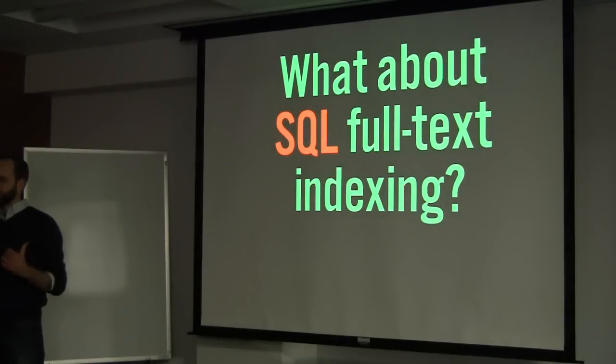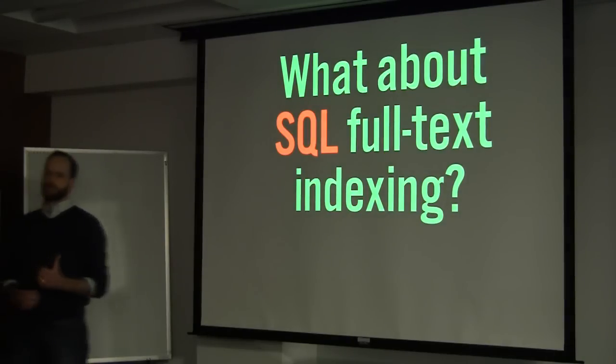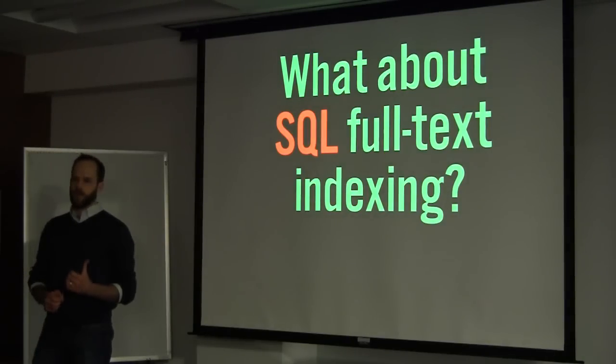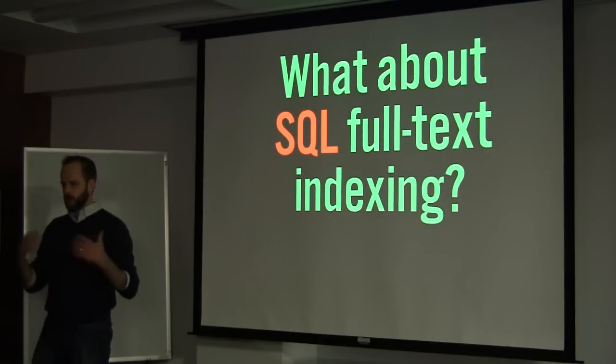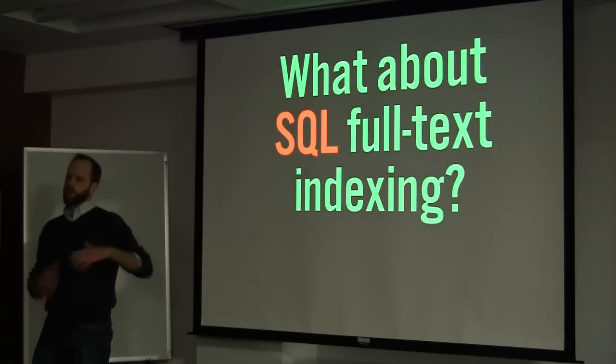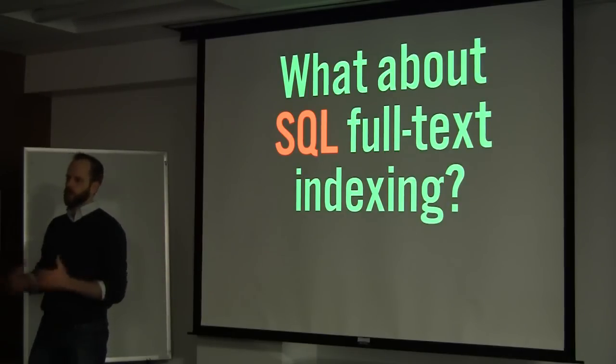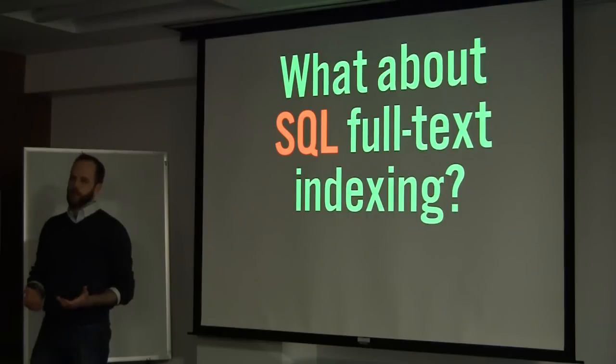I mentioned SQL. You can actually do some full text searching with a relational database system. MySQL has some full text searching out of the box, and Postgres offers some of that functionality. There are key differences in how they work, and when I get to some of the features that search engines offer, you'll understand the rationale for using an additional service rather than doing this from within, say, Postgres or MySQL.